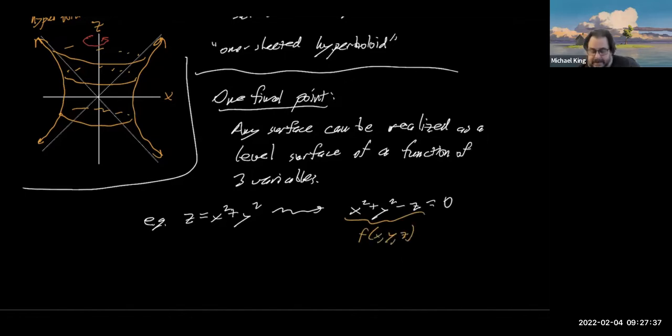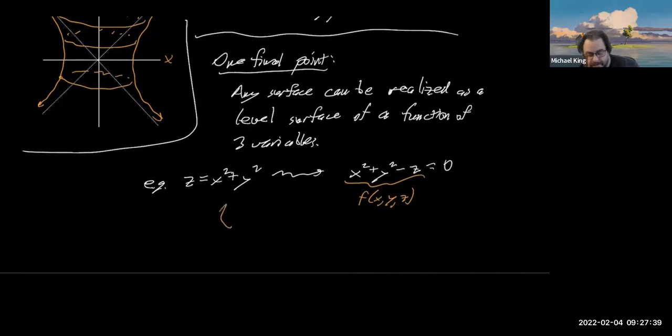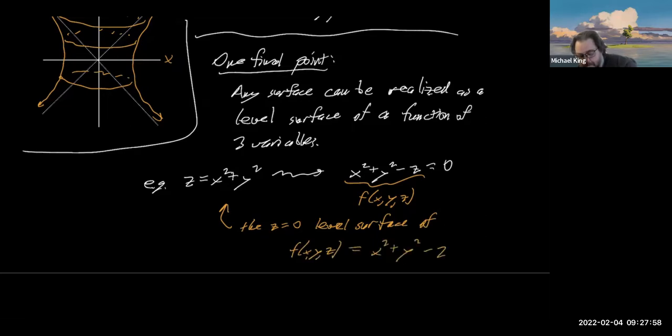Then we could say this is the z equals 0 level surface of the function x squared plus y squared minus z. Notice it's not minus z squared, it's just minus z.